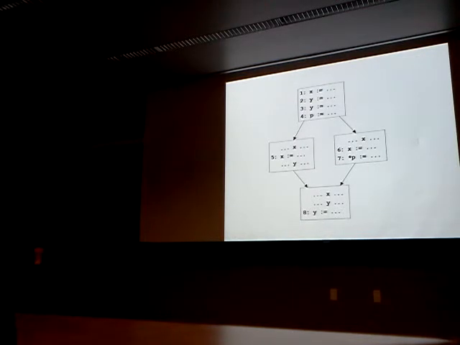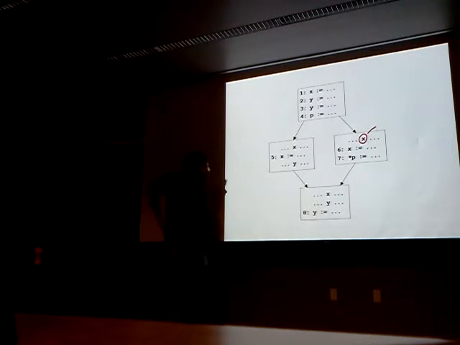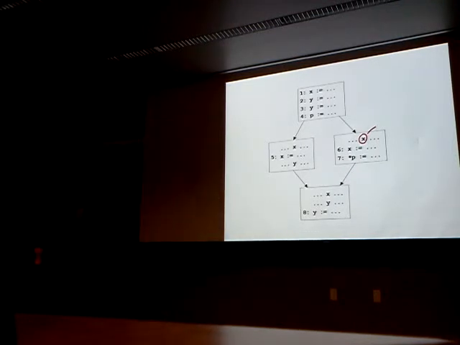Well, now let's take a look at what the reaching definitions would be for this program. So here, for example, what are the reaching definitions for this X? What are the possible assignments to X? Whatever's on line 1. Okay, that was pretty easy.